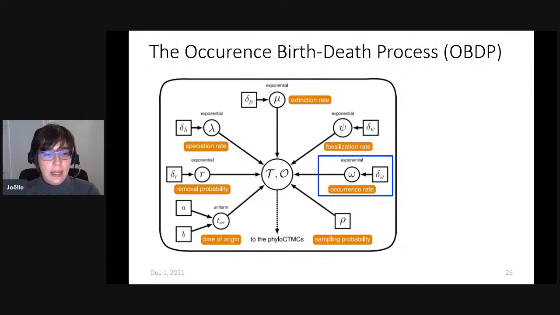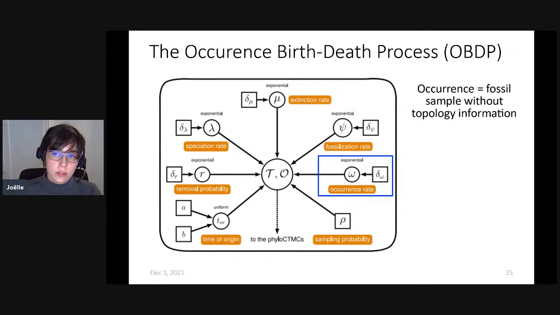If you look at the graph representation of this model, you can see that it looks very much like the representation of the FBD process, except for this one component that I have highlighted in blue, which is the occurrence rate. And what is an occurrence? Well, it's exactly what I was describing earlier. It's a fossil sample without topology information. So a fossil sample for which the only information we have is the date at which it was sampled.